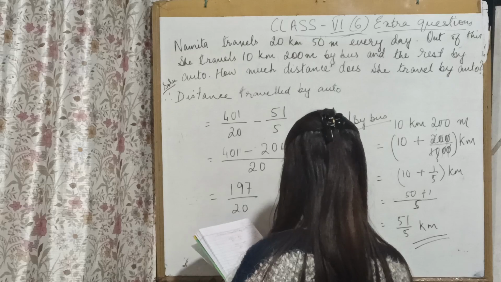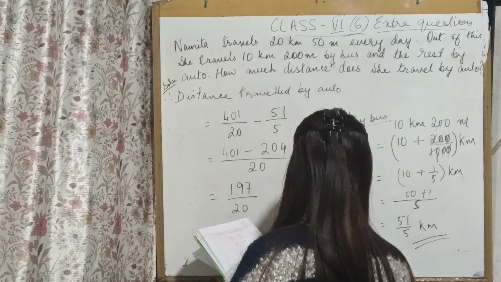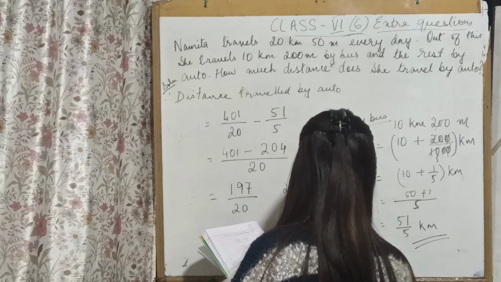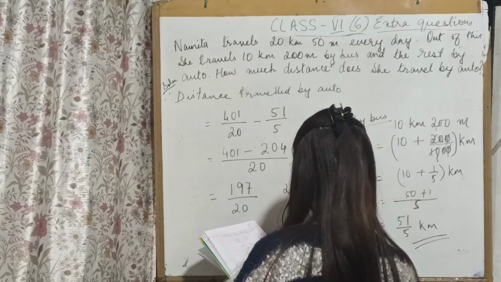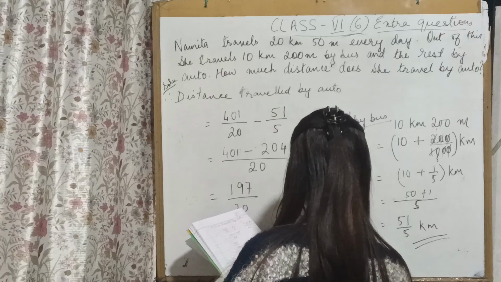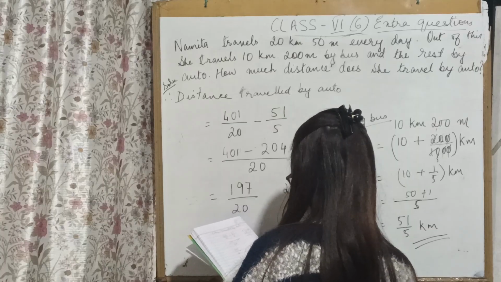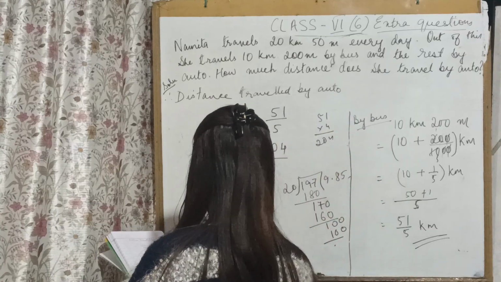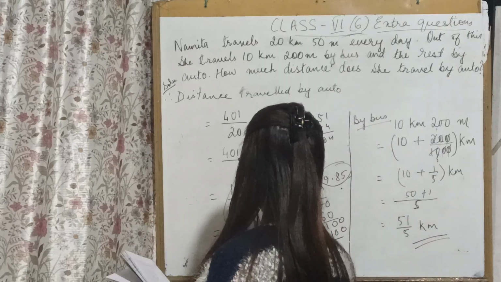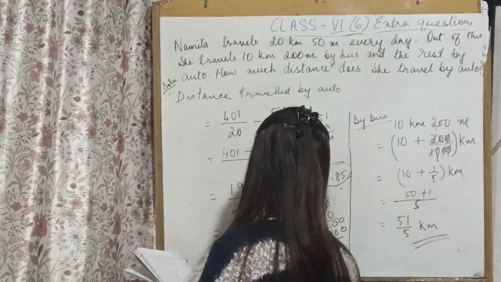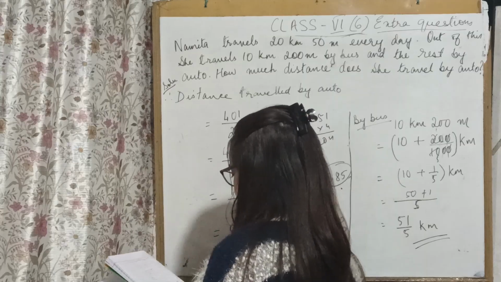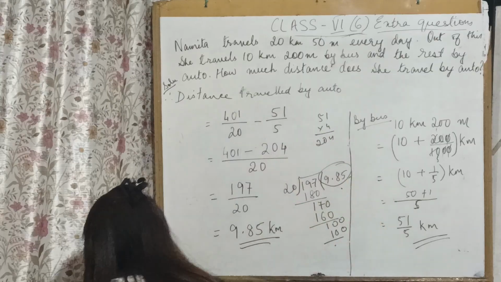Doesn't go, put a point. 20 into 8 gives you 160. Now 20 into 5 gives you 100. So your answer is 9.85 what? Kilometer. Since we changed everything in kilometer in the beginning. Okay.